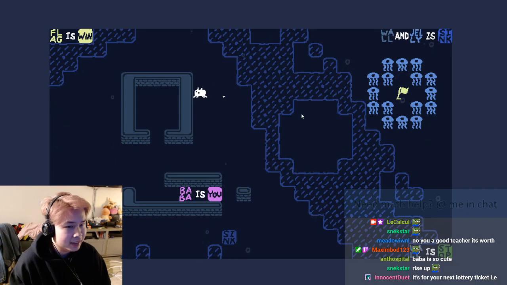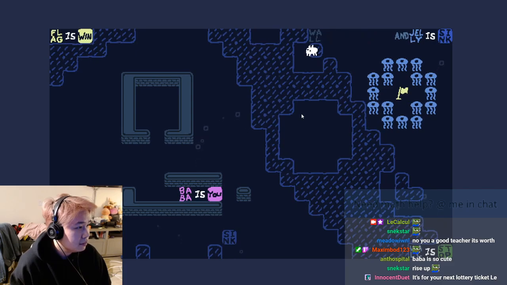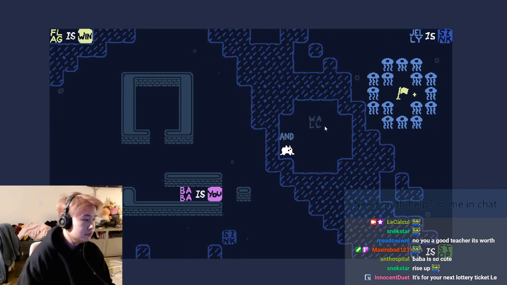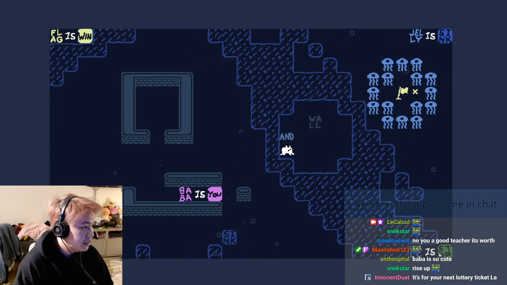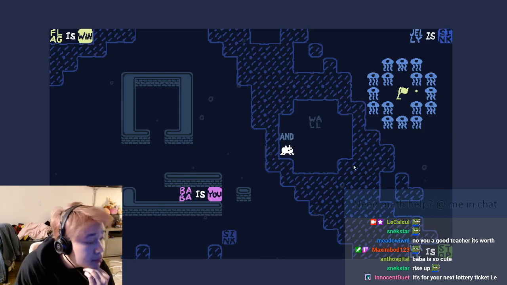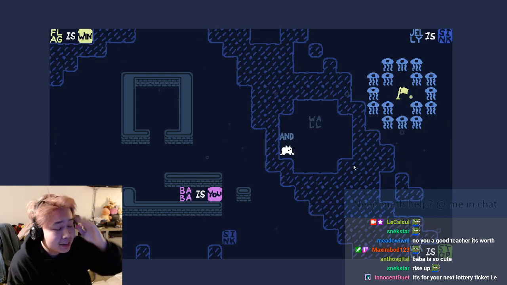That doesn't even do anything. I thought I would sink if I touched the wall. So you guys can't see it, but in this corner it says wall is stop. Man, am I getting filtered in the first actual puzzle? That's not the tutorial?